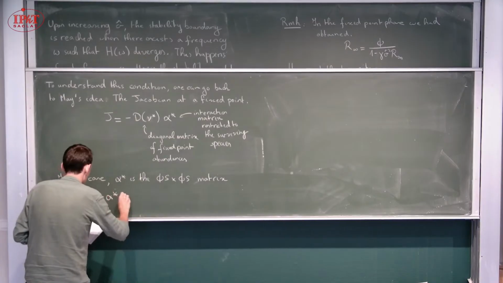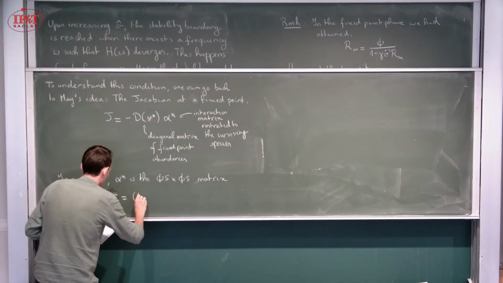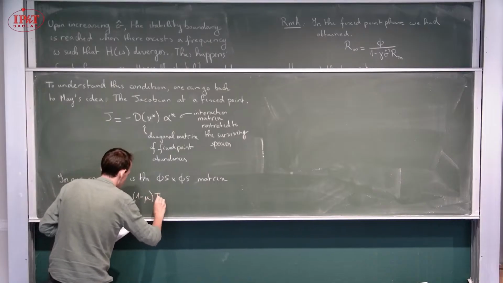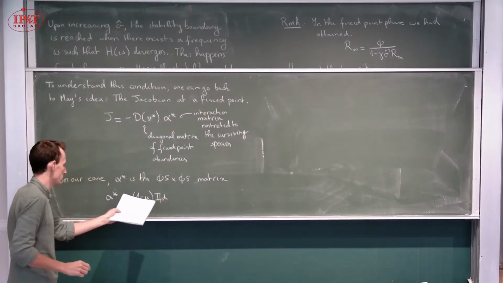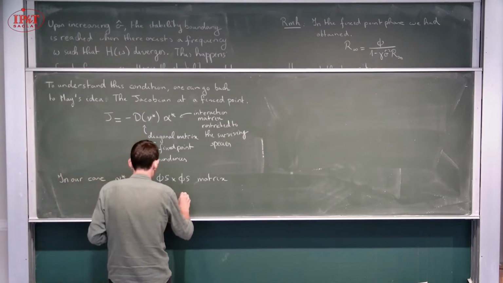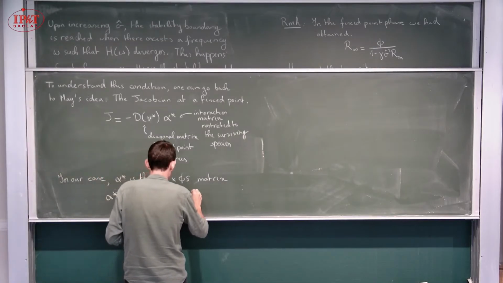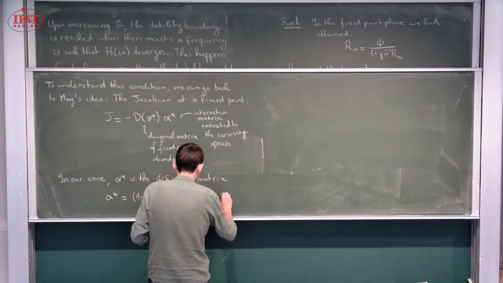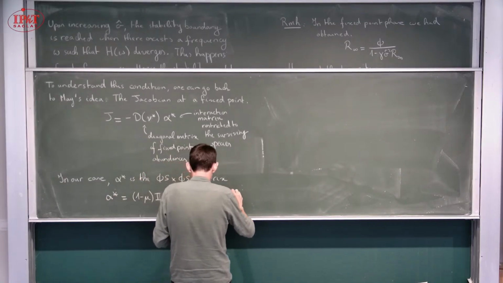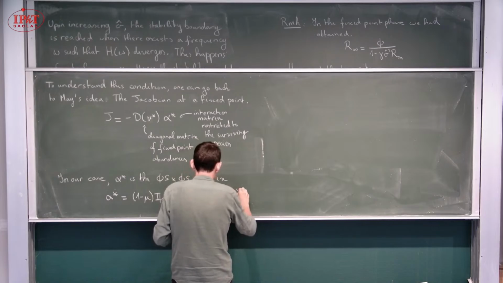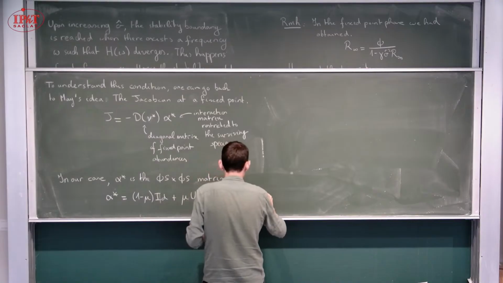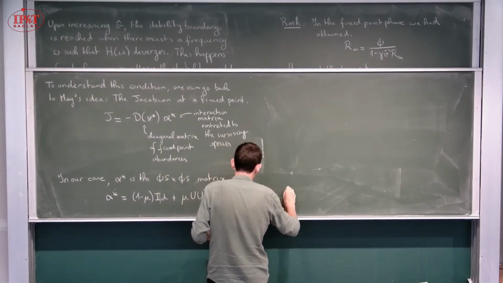Alpha star is 1 minus mu times the identity, the self-interaction term, plus mu u u transpose, plus sigma square root S z star, where u is the vector with only ones.